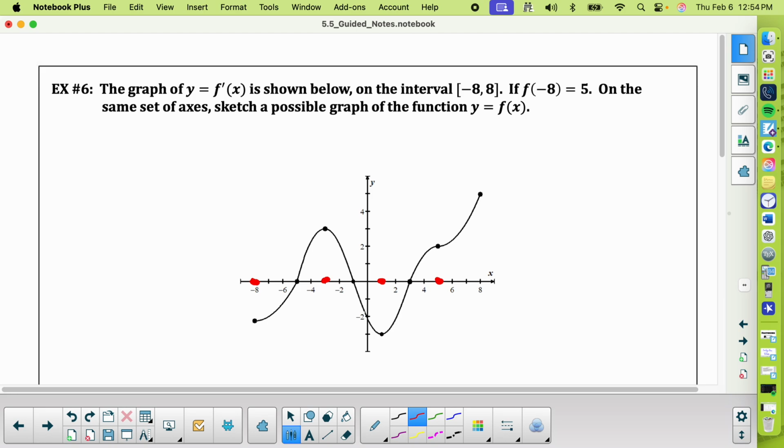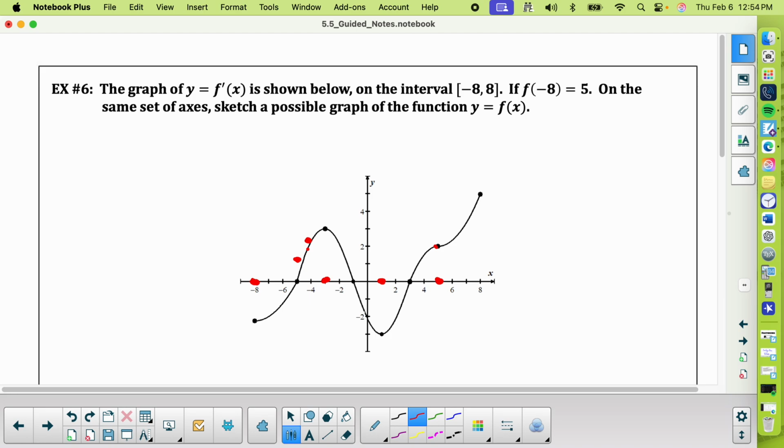I got 4 points of the slope of 0. Yeah, no, right here. Watch it back.